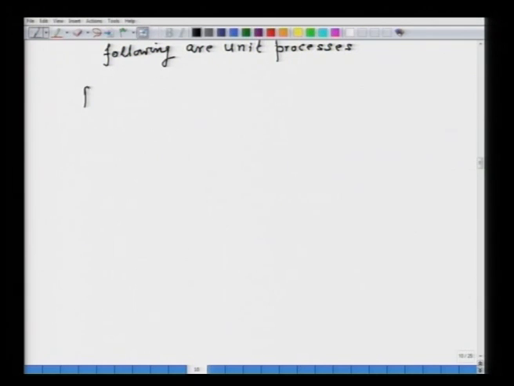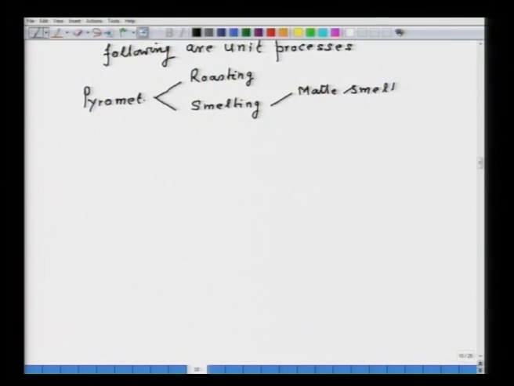In case of pyrometallurgical extraction, pyromet as I am writing in short form, the first step is roasting, the second step is smelting, called either matte smelting or reduction smelting.